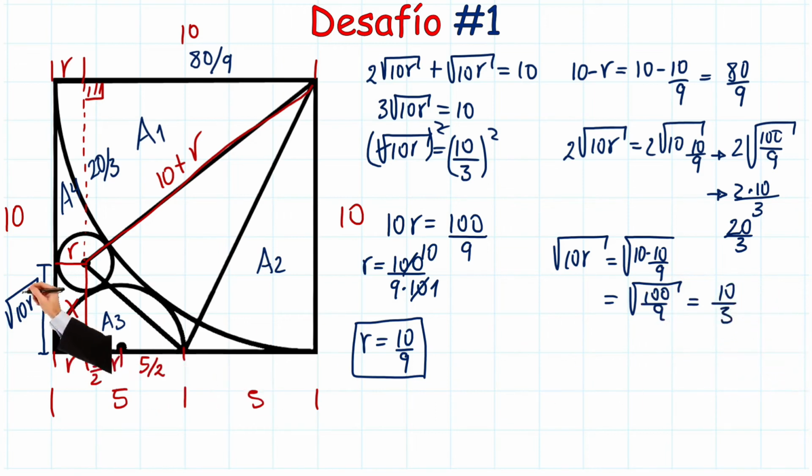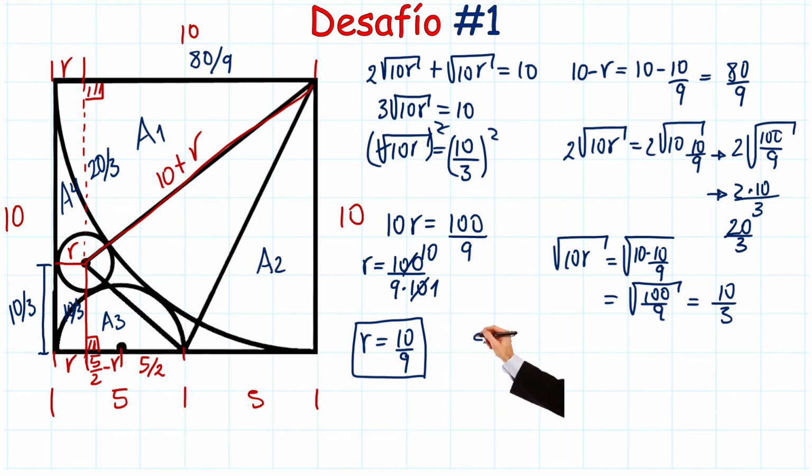We get 10 thirds. We have this part here that is 10 thirds, and since this is 10 thirds, this will also be 10 thirds. And we just need this base here to find the shaded area. What do we have to do? We need to add this here with this here.